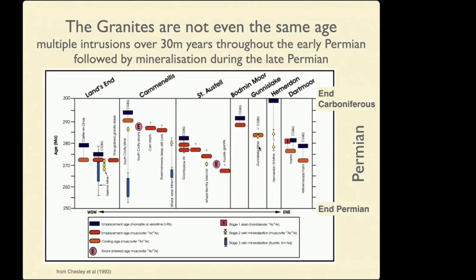Then Dartmoor comes along. Actually, Land's End is relatively late in terms of its emplacement compared to some of the others. But it's over 30 million years that these were in place, and it didn't all happen at once, and it didn't all happen in the same way or with the same source material.